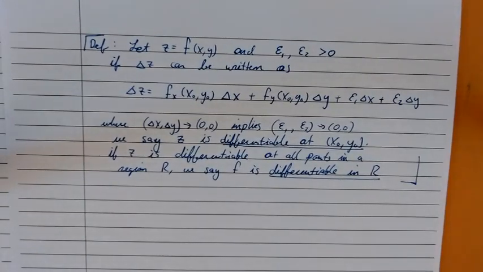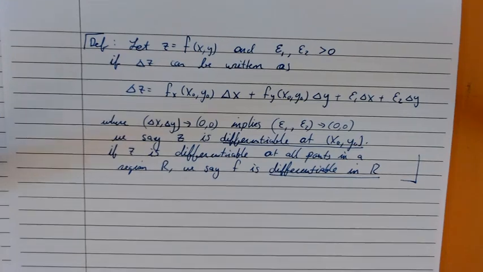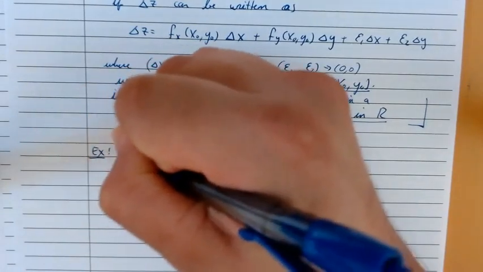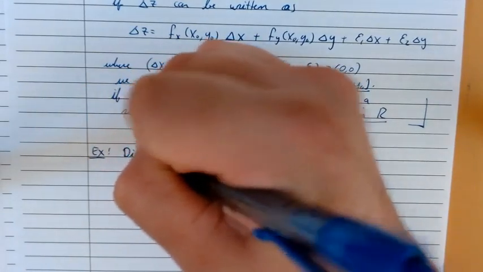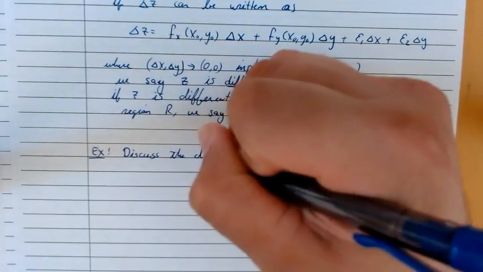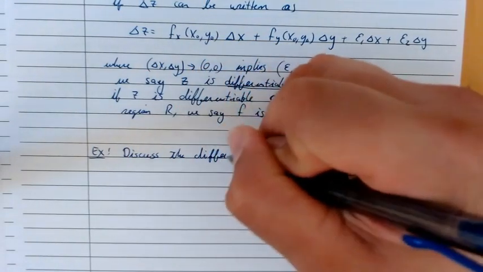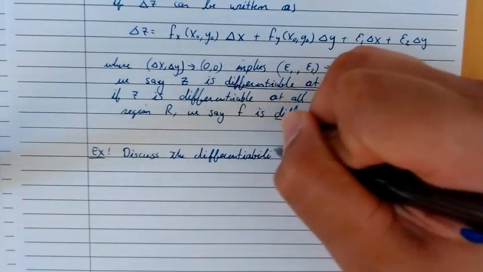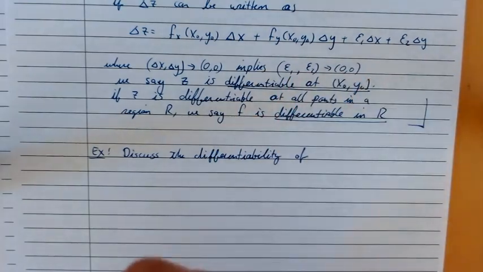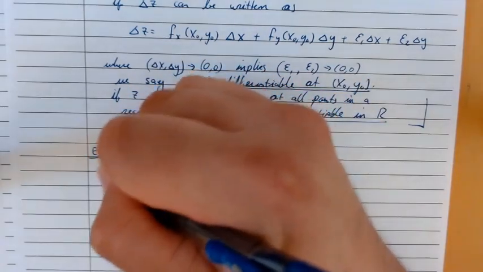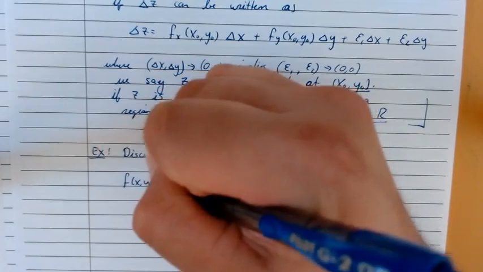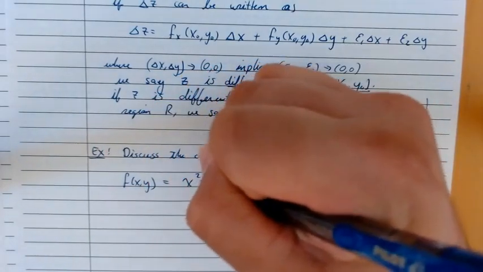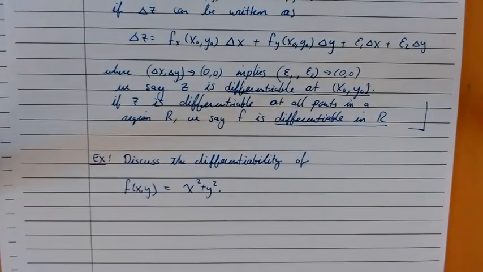So now that we have a definition for differentiability, let's take a look at some examples. Discuss the differentiability of the function f of x, y equals x squared plus y squared. All right.